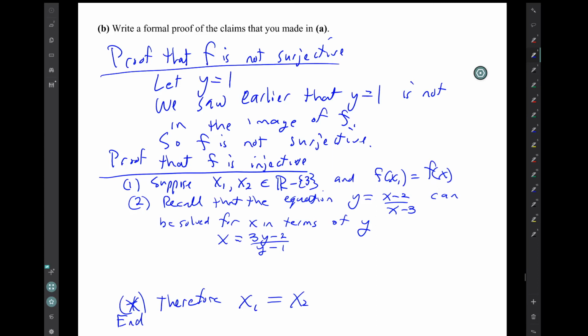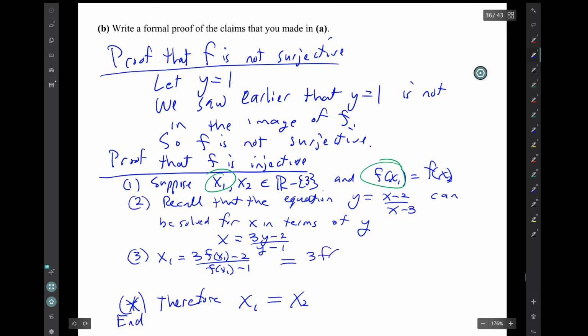Well, notice that for the first x1, we know the value of y is f of x1. So let's use that. x1 is going to be (3 times f of x1 minus 2) over (f of x1 minus 1). But wait a second, that's going to be the same as (3 times f of x2 minus 2) over (f of x2 minus 1).